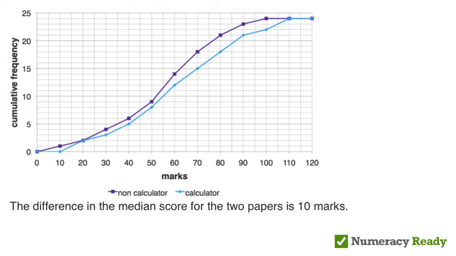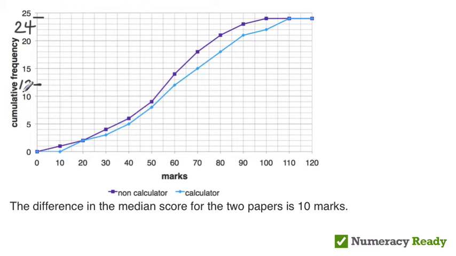So we're going to need to work out how to find a median from a cumulative frequency graph. The first thing we need to do is read off how many pupils were involved in total. We can see that's 24. And so to give us an estimate for our median, we're going to look at half of that, because the median is the middle person when the data's in order.